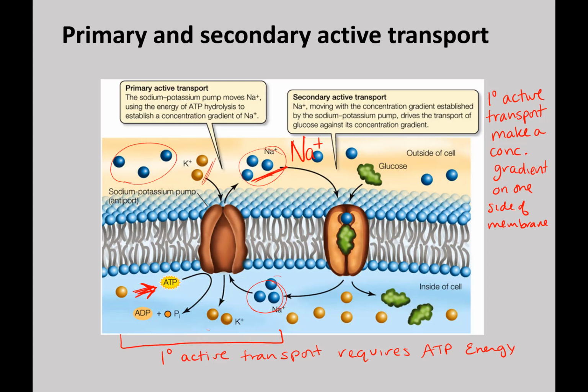And so sodium is going to come back into the cell down its concentration gradient through a second protein. So primary and secondary active transport have two totally different proteins that are being used. The first protein requires ATP, and you are pumping things against the gradient. You make a concentration gradient, and now sodium can enter.